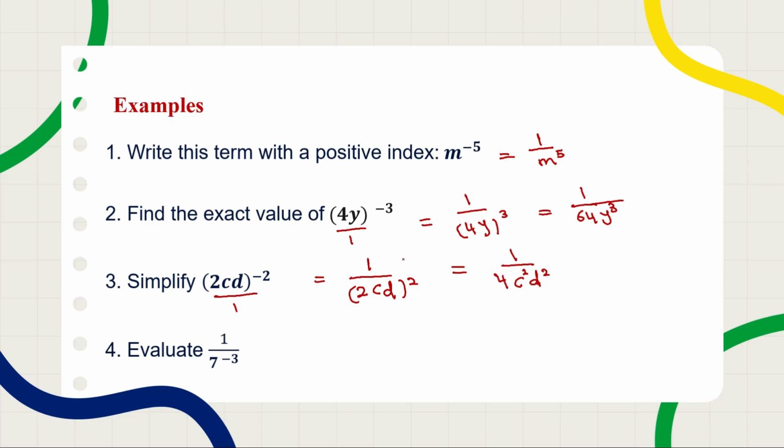Evaluate (1 over 7) to the power of negative 3. We find the reciprocal of the value, it will be 7 cubed, and 7 cubed is 343.